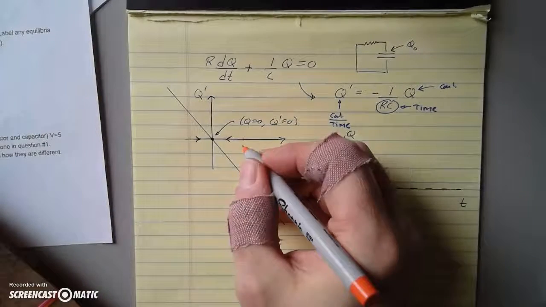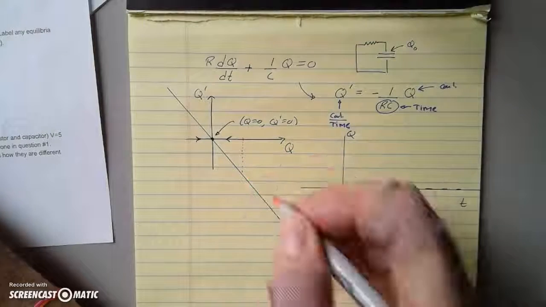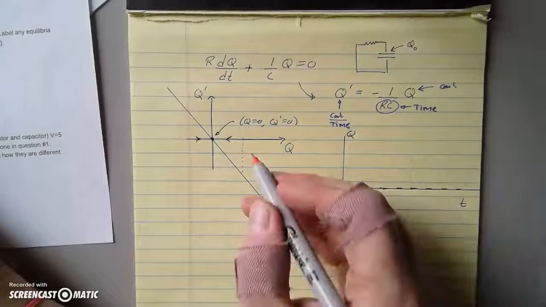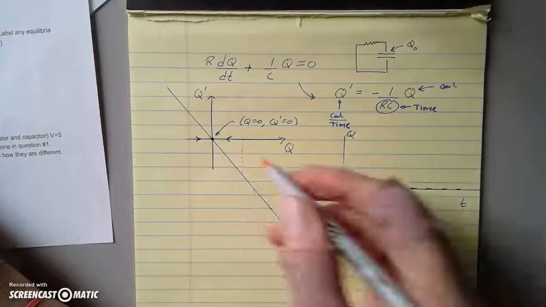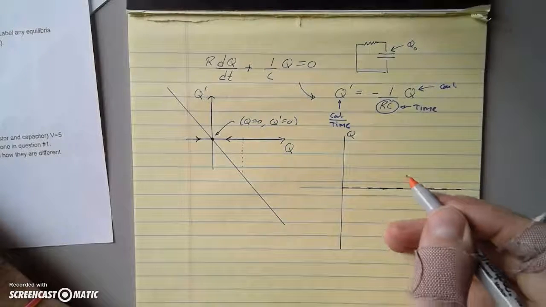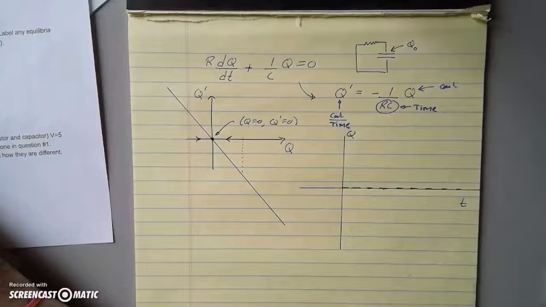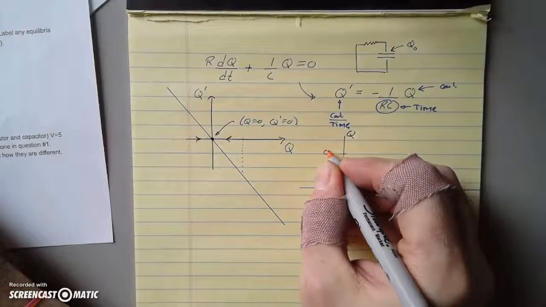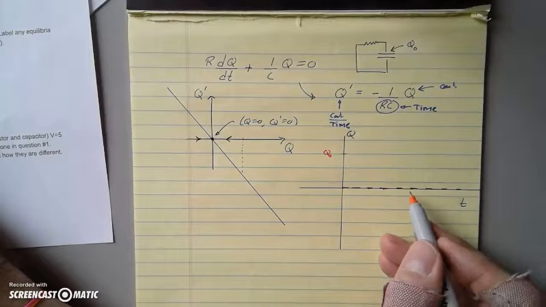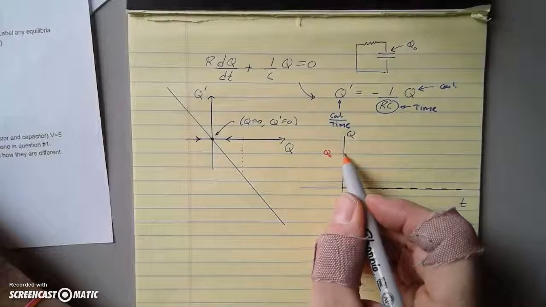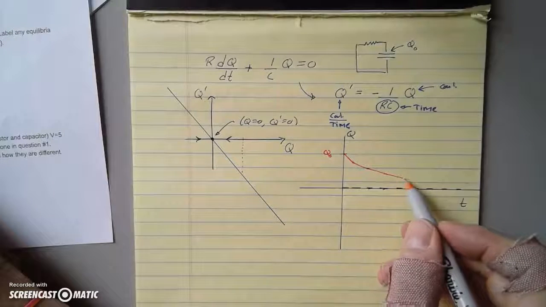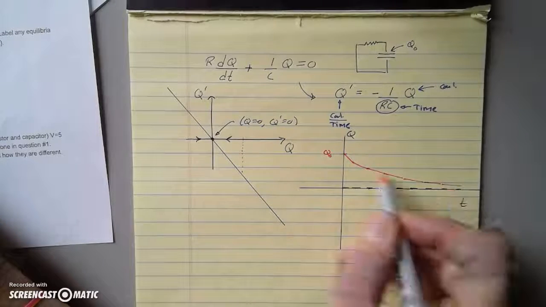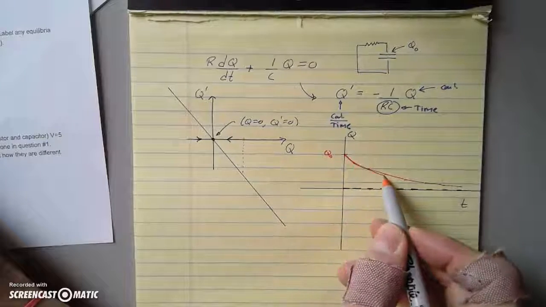Starting with some amount of charge on it, what's going to happen? It's going to decrease. We have a negative derivative, and it's going to decrease less and less. So starting from some Q0, it's not a straight line. We're decreasing, but decreasing less and less, all the way across.